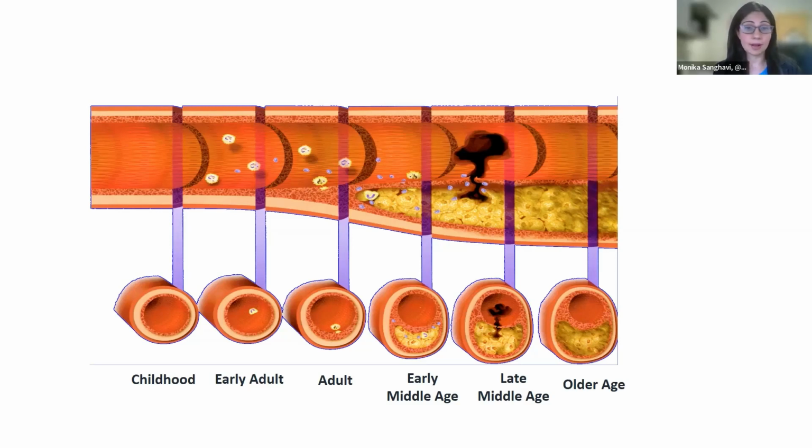So it's a problem that can arise early, but the one thing to remember is that it is largely attributed to our risk factors and how we lead our life. And so lifestyle interventions can significantly improve the rate of buildup in these blood vessels.